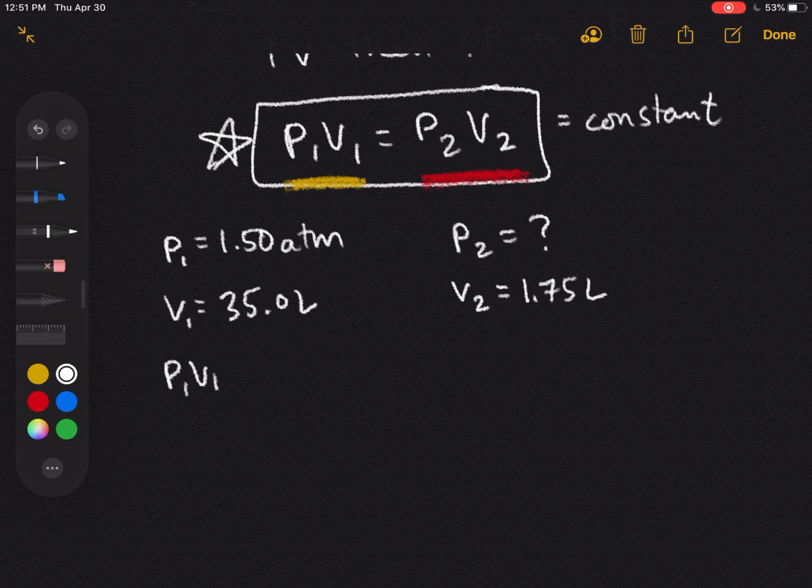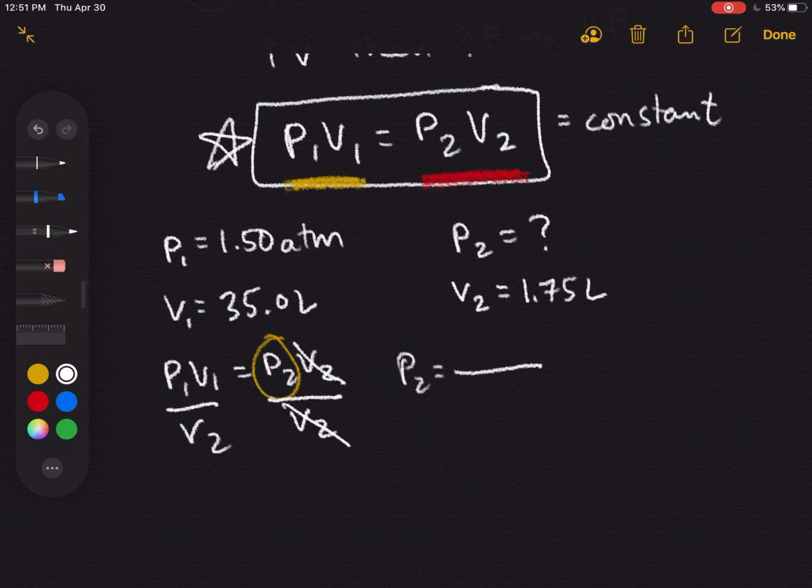So P1 V1 equals P2 V2. To get this by itself, we're going to divide both sides by V2. So that'll cancel this out. And I can rewrite this now as P2 is equal to P1 times V1 divided by V2.